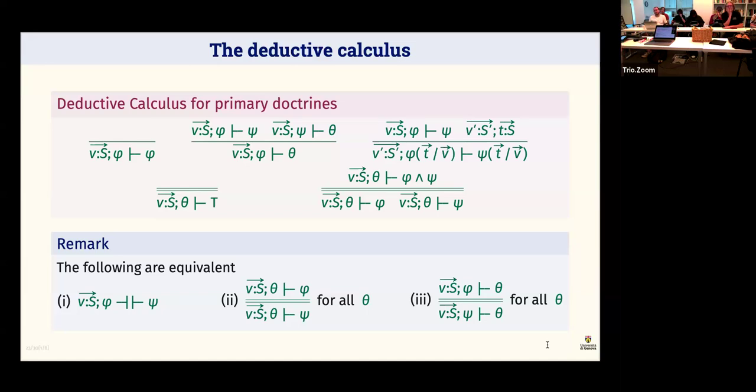And then I have these two compressed rules. Mind you, this is a rule where there is one sequent at the top and two sequents at the bottom. It's just that I write two lines in order to say it's a reversible rule. And this is elimination and introduction of conjunction.